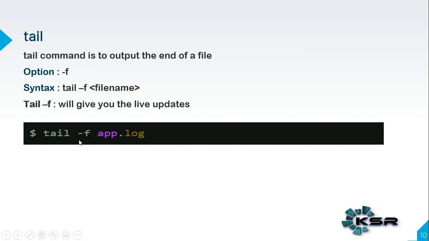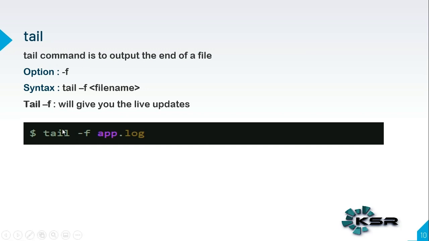If I say tail -500f and the file name, it will give the last 500 lines along with printing the existing logs. It will be printed continuously, and if you have to stop the log which is being printed, just press Ctrl C and it will stop.